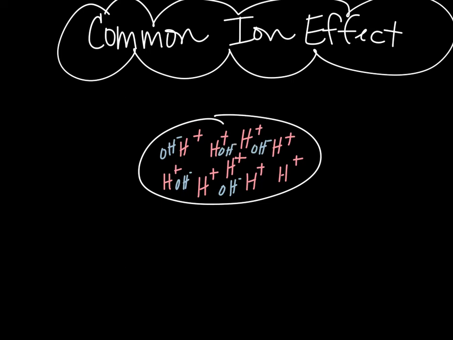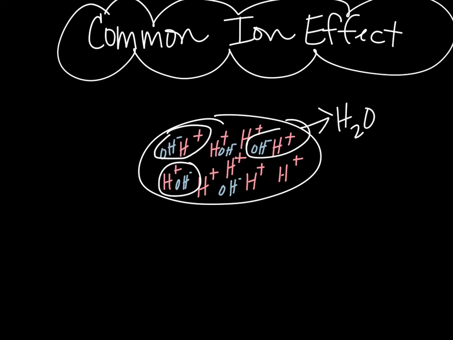What does that make when those combine? Right? That makes water. So notice by adding in a base to your overly acidic stomach, it is neutralizing, or the hydroxide's combining with the H plus to make water. It's trying to neutralize some of the acid in your stomach.